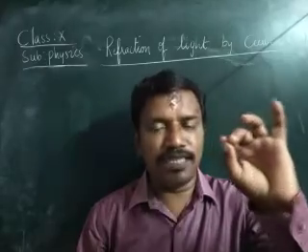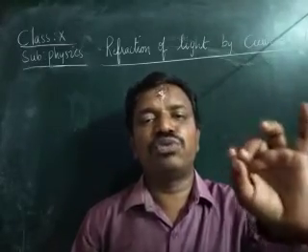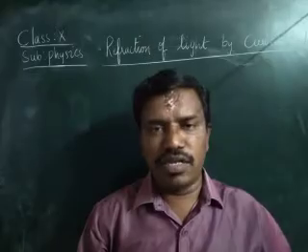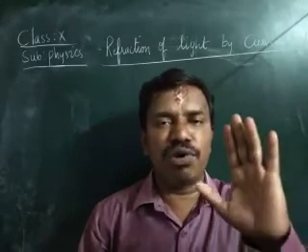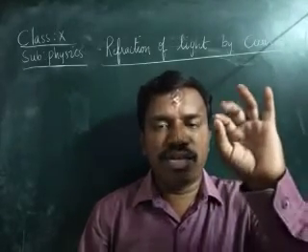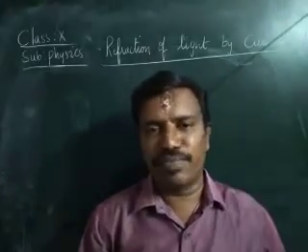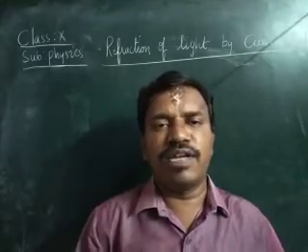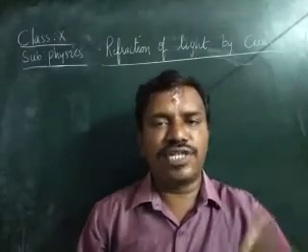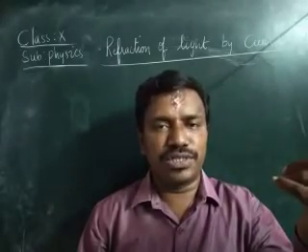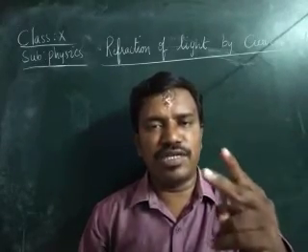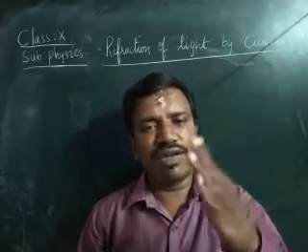Why? Because in the examination they may ask you to draw the rules or to draw the ray diagrams. Therefore ray diagrams play a very important role in the exam. As we have seen, there are the curved surface mirrors, convex mirrors and concave mirrors, and convex lenses and concave lenses.